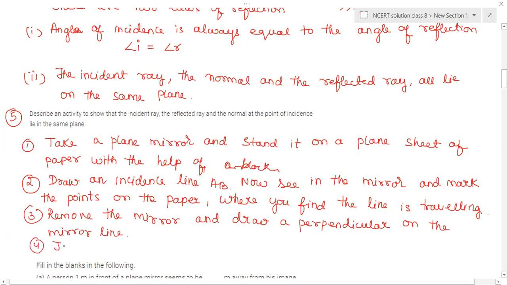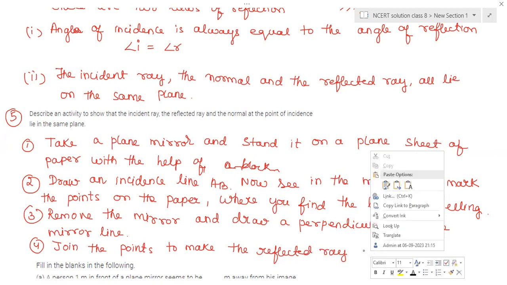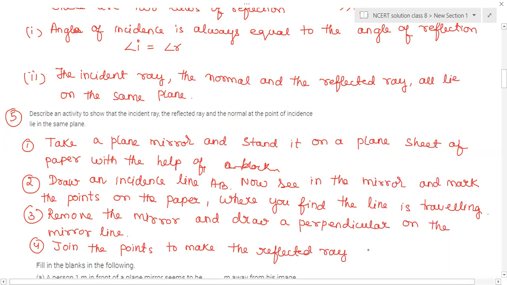Fourth, join the points to make the reflected ray and normal. So what will happen is you will join the points to make the reflected ray.